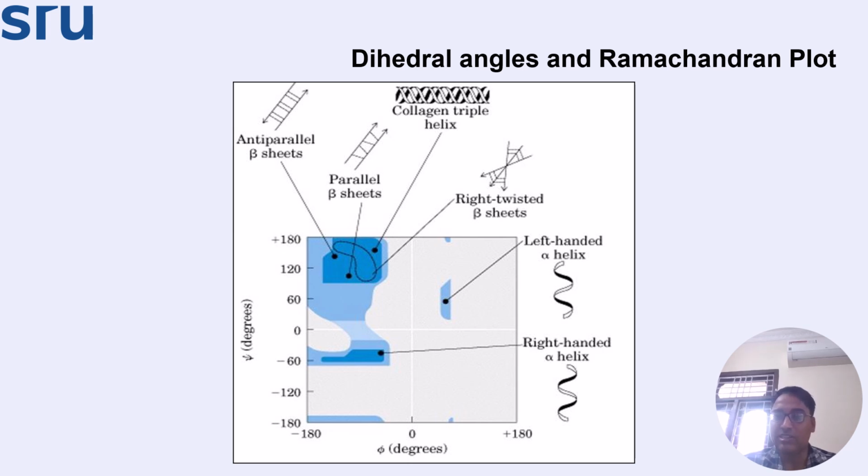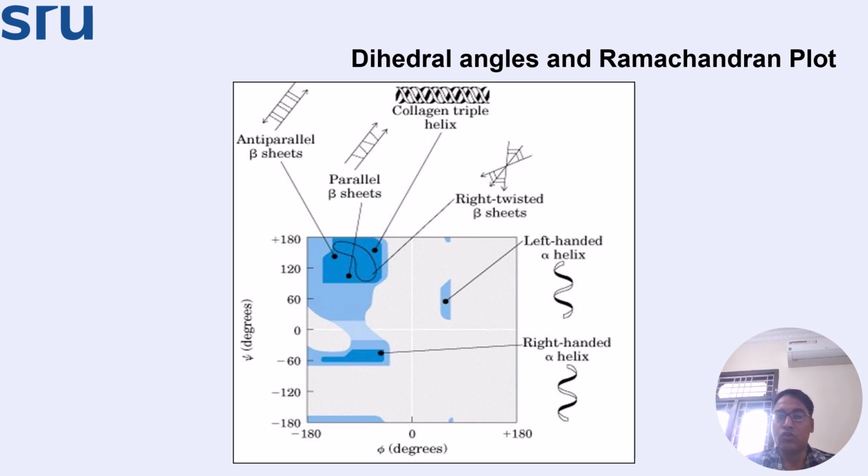The parallel beta sheet is in a different position. Then the right-twisted beta sheet comes up here, the left-handed alpha helix comes up here, and the right-handed alpha helix comes up here. See, they're all taking different parts.